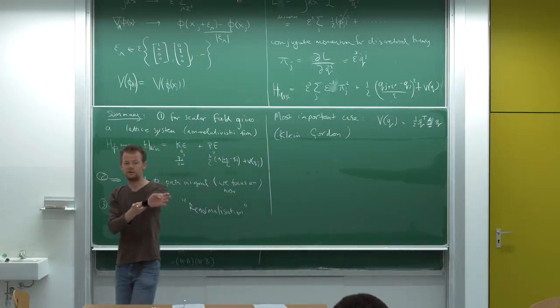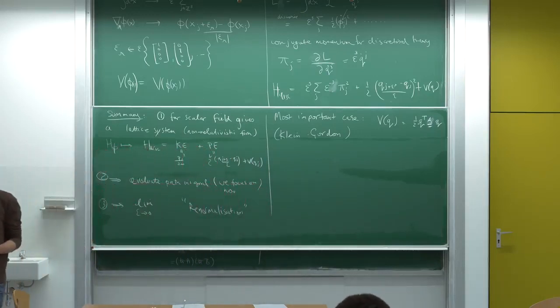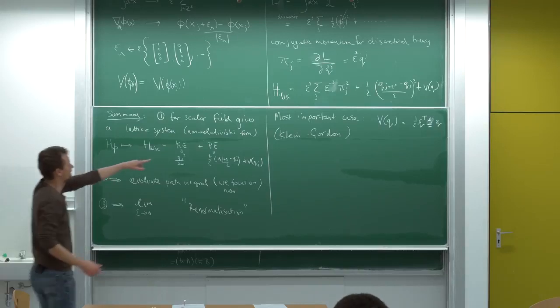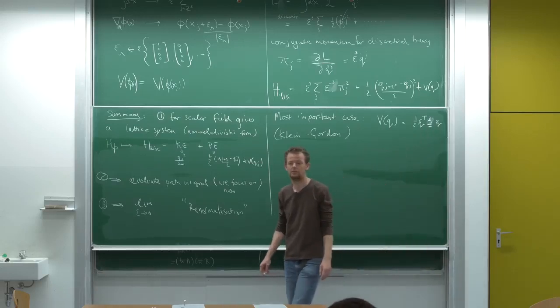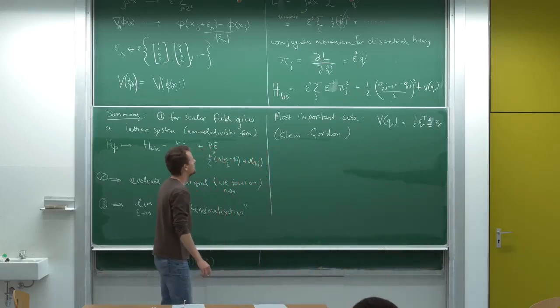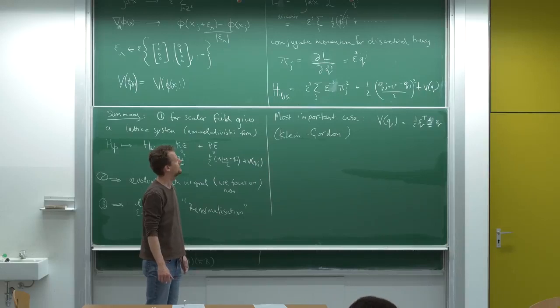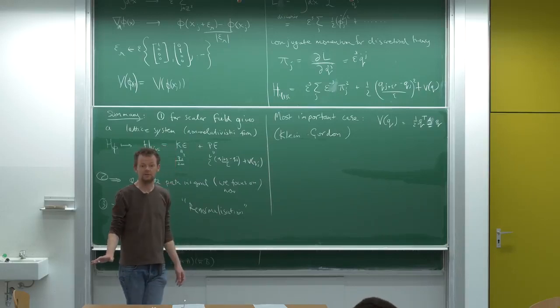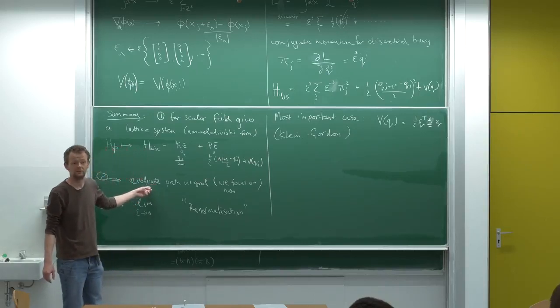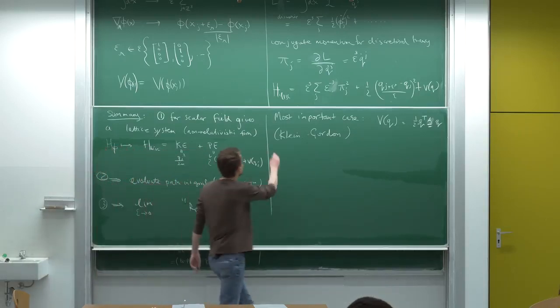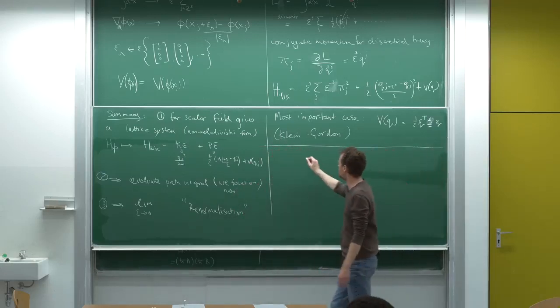So when you discretize Klein-Gordon theory, something I encourage you to do, I won't do it in this course, I'll just observe that you get a Gaussian at the end. You will end up with a potential that looks like some quadratic. And that's wonderful in the sense that when we try and evaluate here at step 2, we're going to end up with Gaussian integrals. So let's get to it.